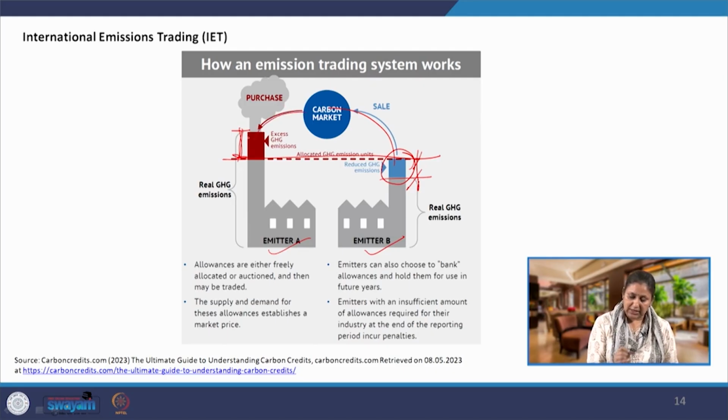Emitter A buys these credits and further reduces. Suppose this is an amount X and here it is an amount Y which is less than X. Emitter A will be able to reduce its emissions by purchasing carbon credits. It will have to purchase the remaining amount Z from some other emitter or source, and reduce this entire thing, which is the mandate.